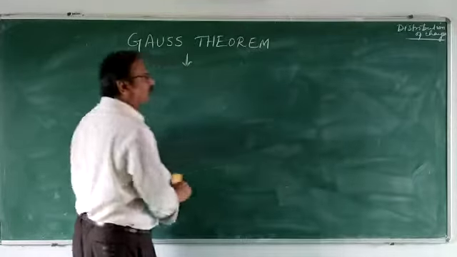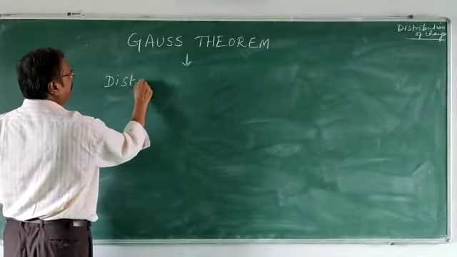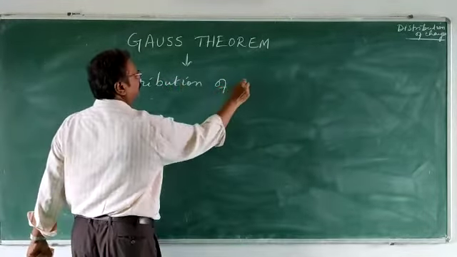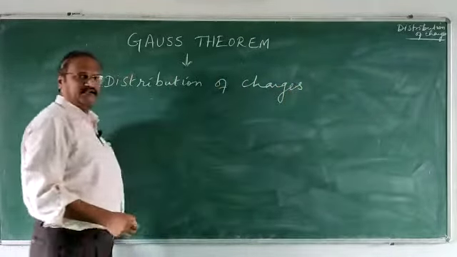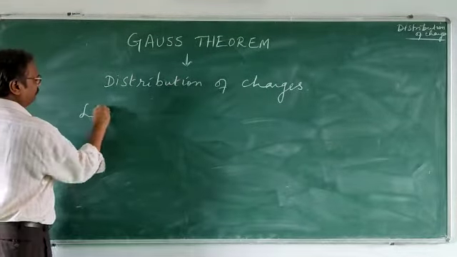And let us learn a small concept called distribution of charges. What are the different ways in which we can distribute a charge? One is called line of charge.